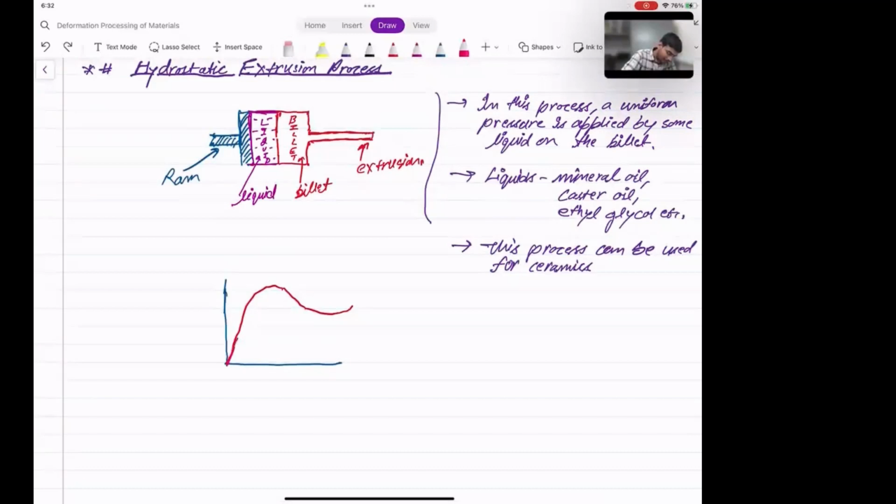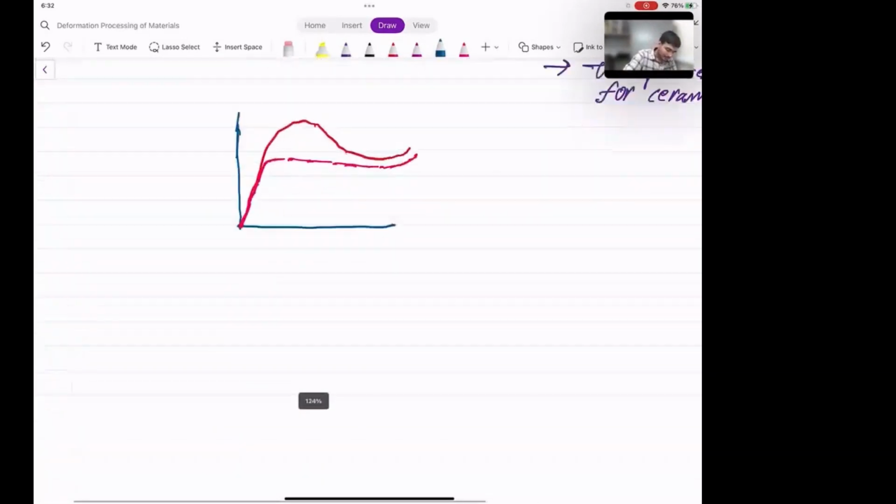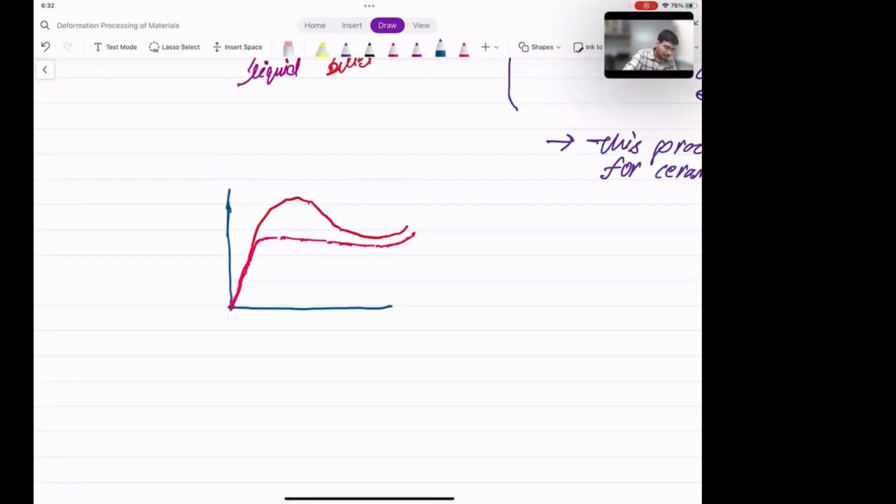It was almost constant. Okay. But for this hydrostatic extrusion process, it will be a much more constant type of curve. So let us say this is something like this.